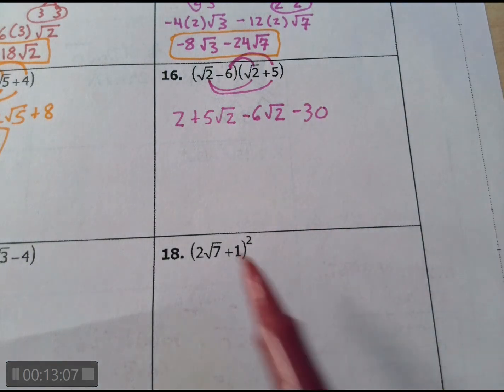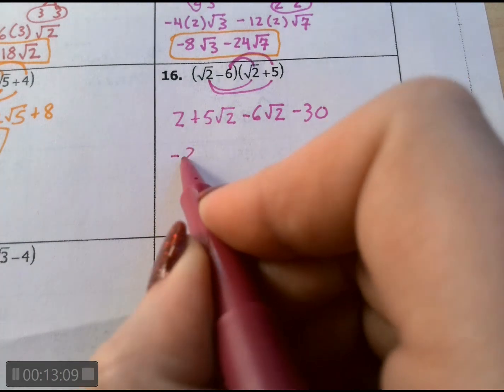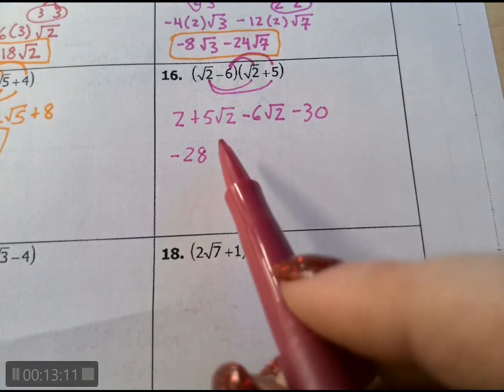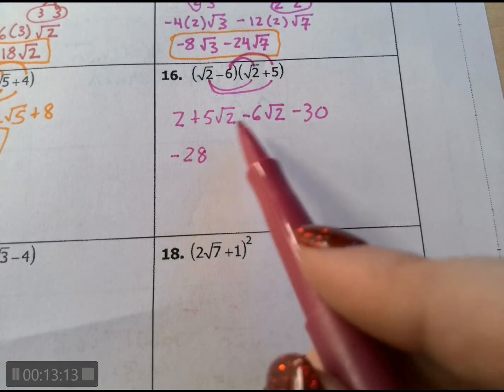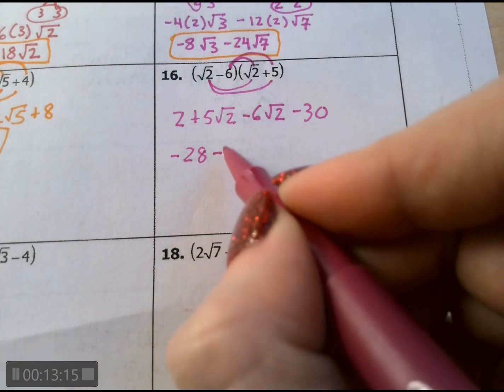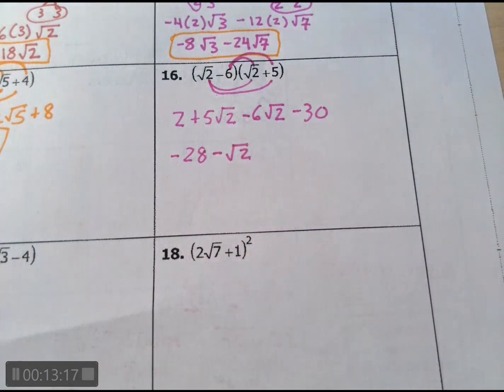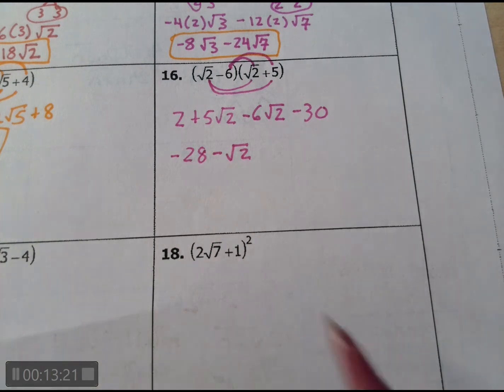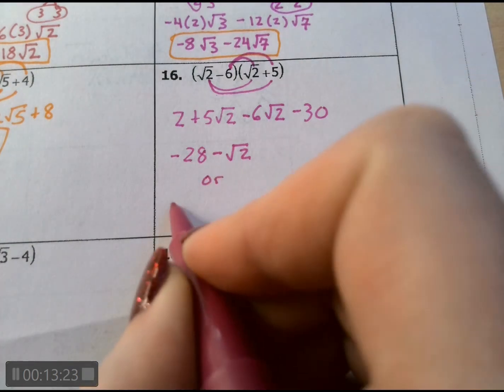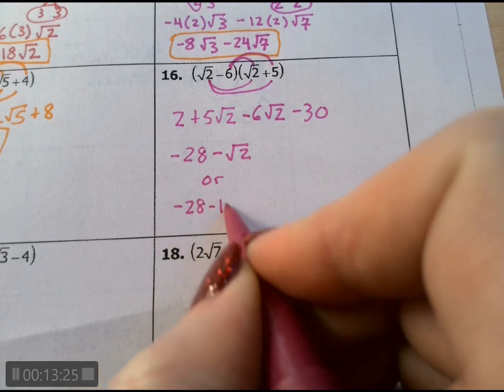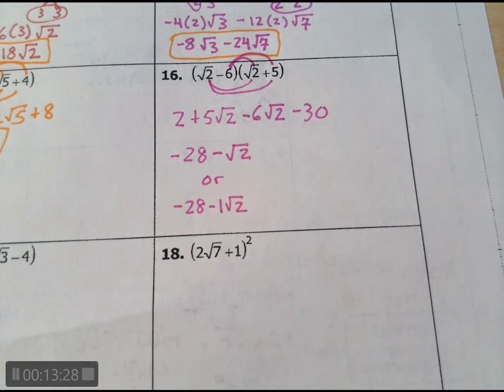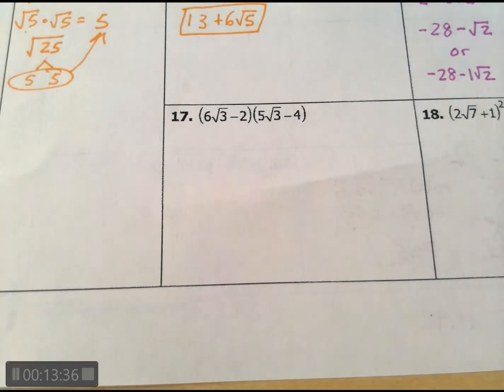Combine your like terms. 2 minus 30 is negative 28. And then 5 minus 6, negative 1 square root 2. You don't have to put the 1, but it's also not wrong if you do. Either of those answers is correct. On to the next one.